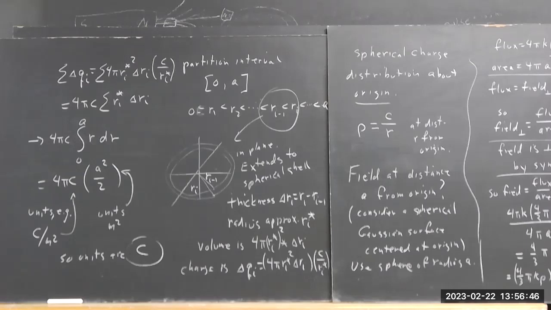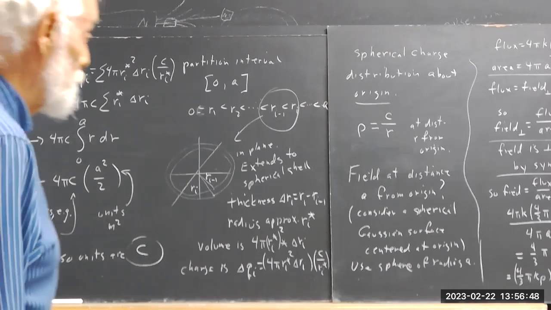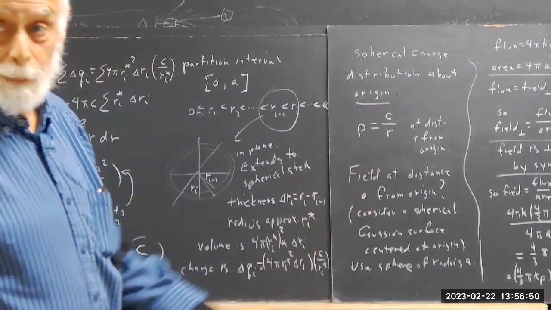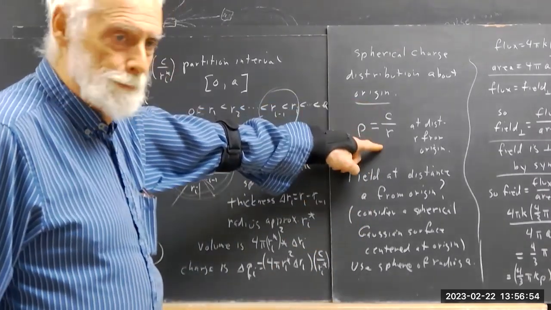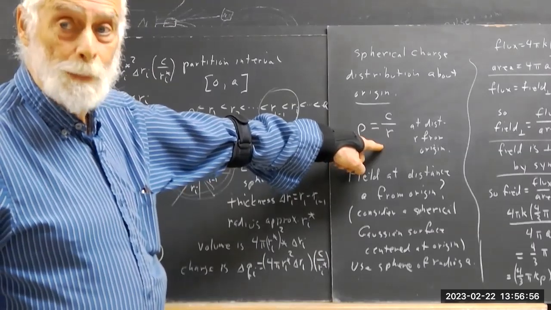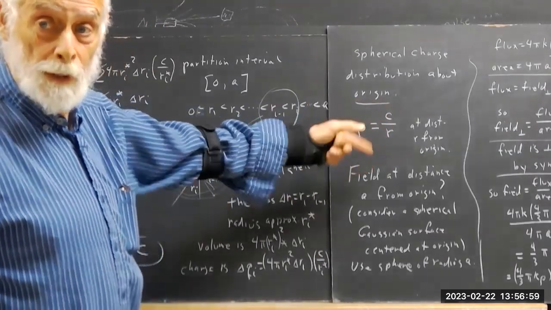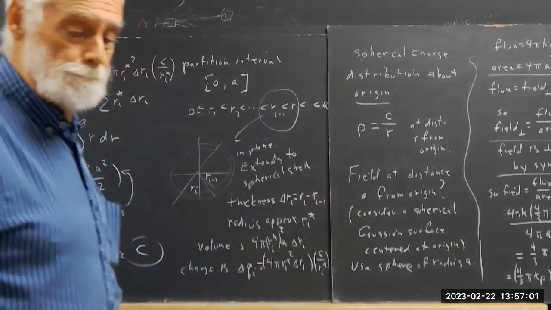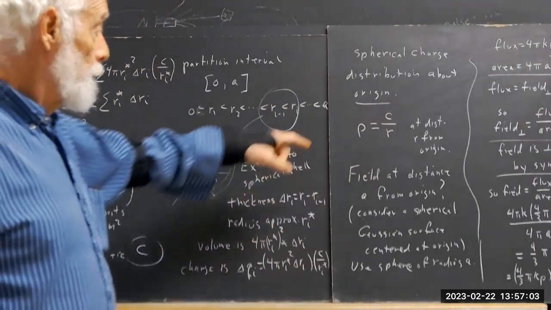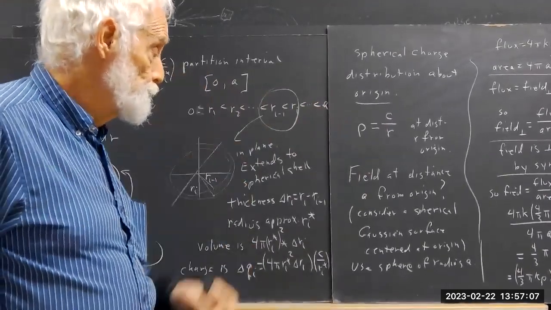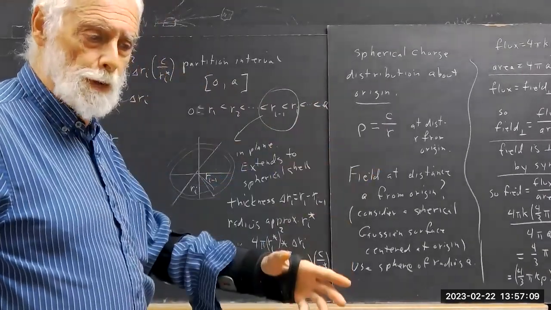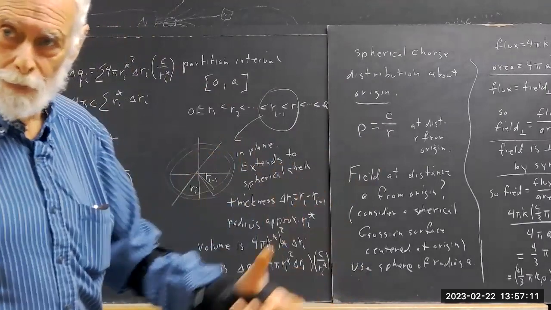Okay, I was right with everything I said when I said that C has to be in coulombs per square meter, which is pretty obvious. Then when you divide by meters, you get coulombs per cubic meter, which is units of charge density, charge per unit volume. It's not meters, it's some other length unit.